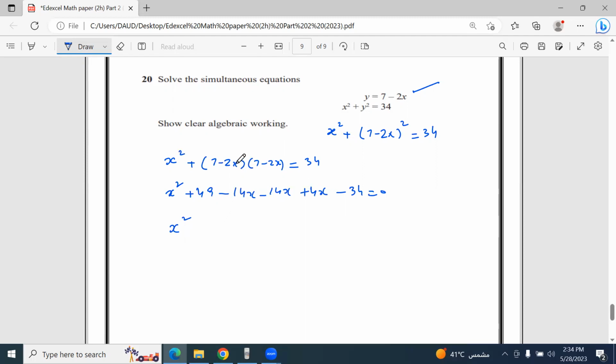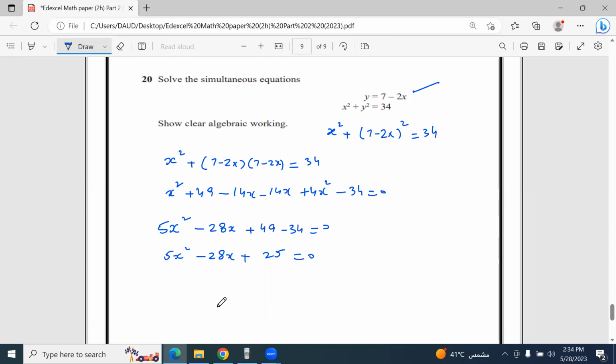Here we have 2 2s are 4, x square, so x square plus 4x square is 5x square, minus 28x, plus 49 minus 34 is equal to 0. So 5x square minus 28x plus 25 is equal to 0.